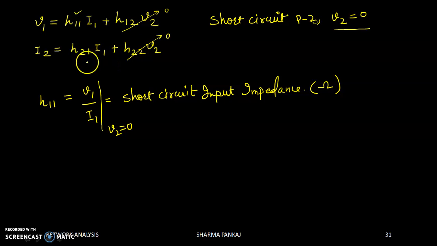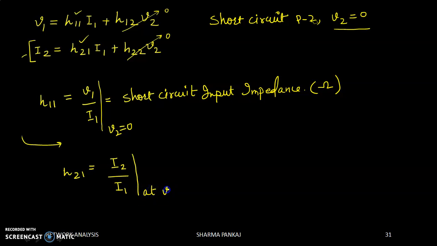We can calculate H21 from this equation. H21 will be equal to I2 upon I1, which is achieved at V2 equal to 0.